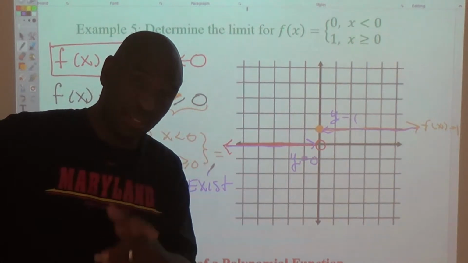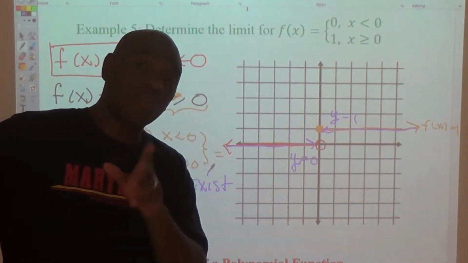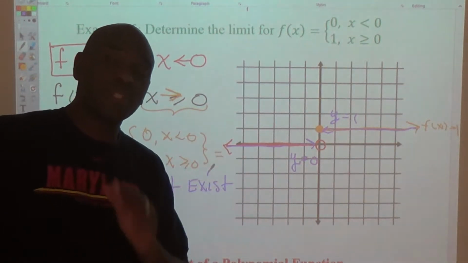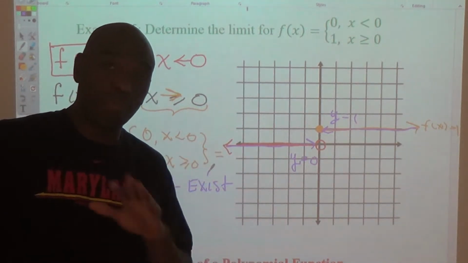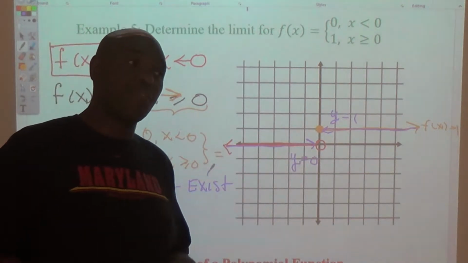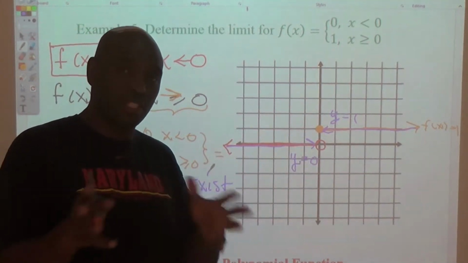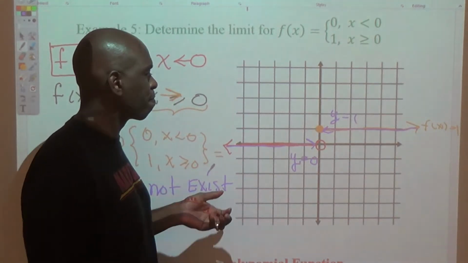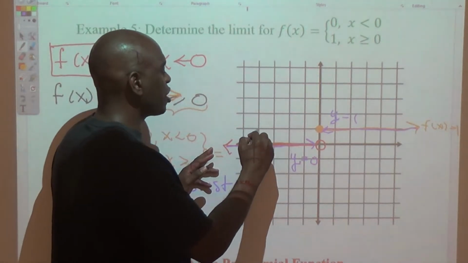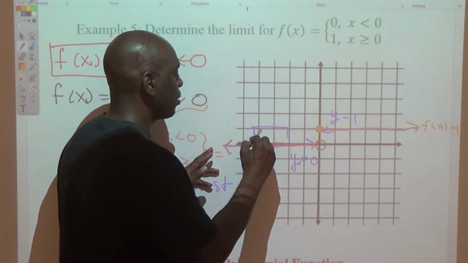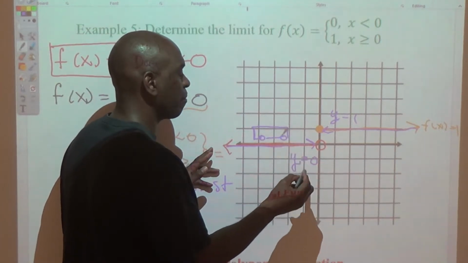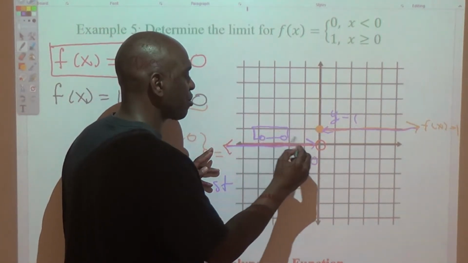Okay, look at it like this. In order for a limit to exist, I'll go back to the example I used last time. Let's look at it in terms of the bus station or metro station, or the ride-on station, I guess. If you are familiar with metro, you catch the bus. Notice this. As this bus comes into the station, right? The station is right here.